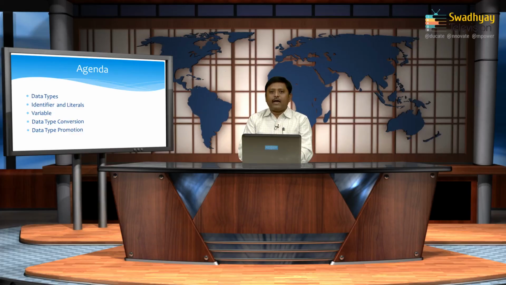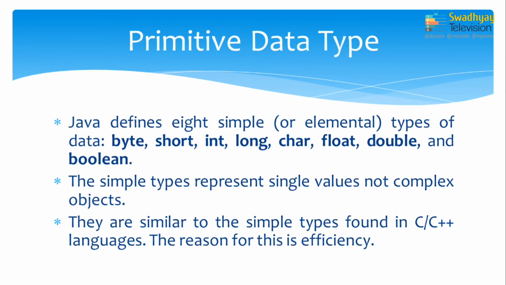So, we start with data type. We first discuss primitive data type, which are also known as simple data type or elemental data type. Java supports 8 types of data type. They are shown on screen: byte, short, integer, long, character, float, double and boolean.